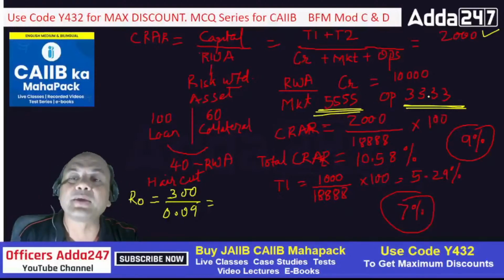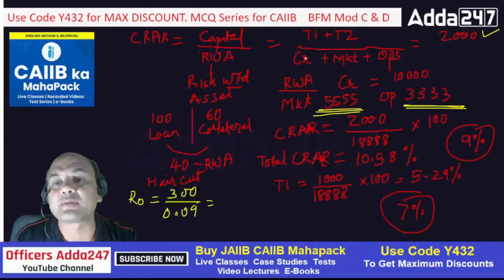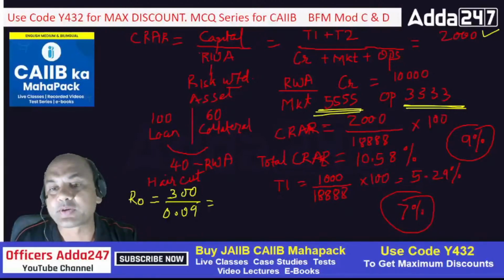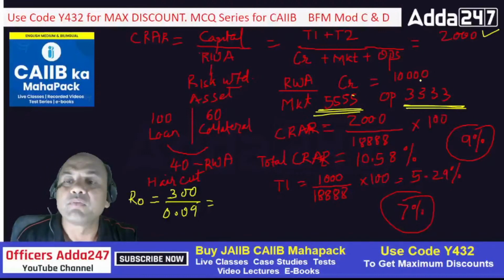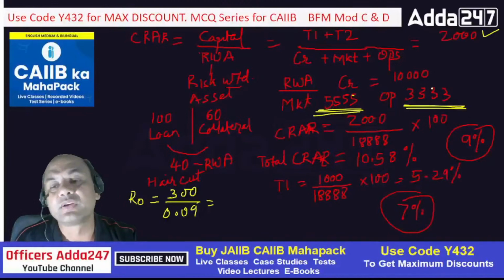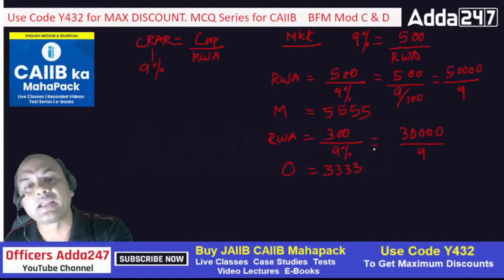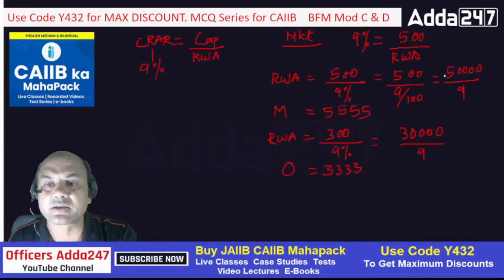So now let me add this. What is my total of credit, market and ops? Credit was 10,000, market was 5555 and ops is 3333. Once you add these, you get 18888.